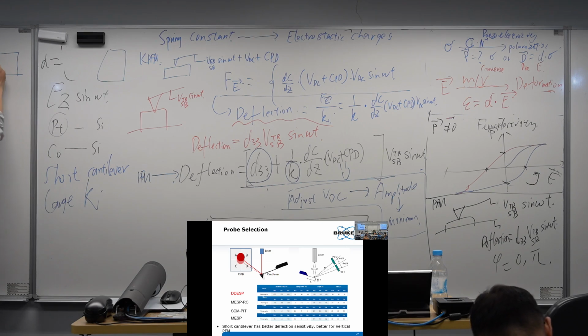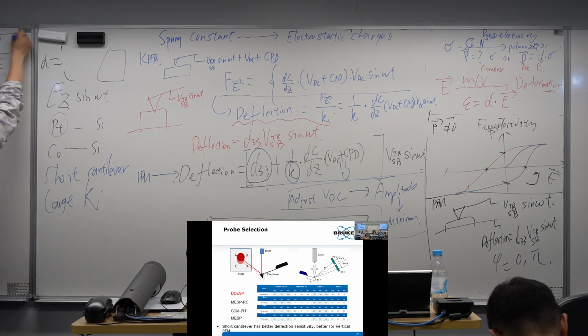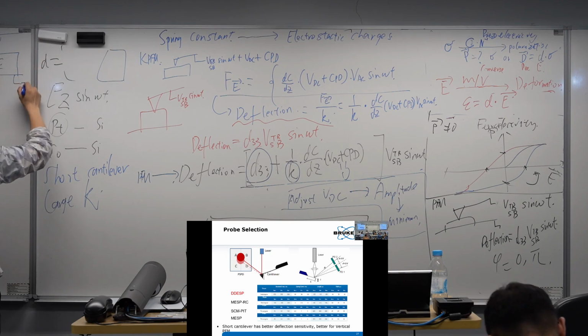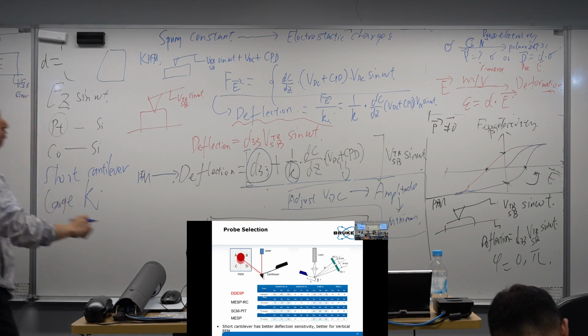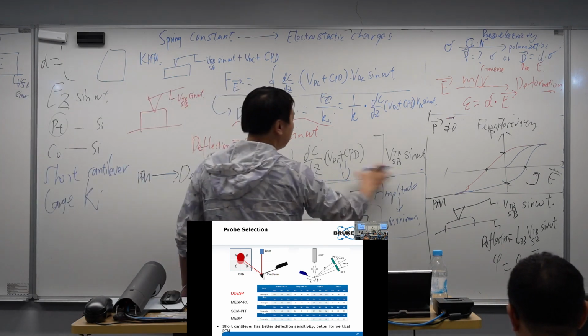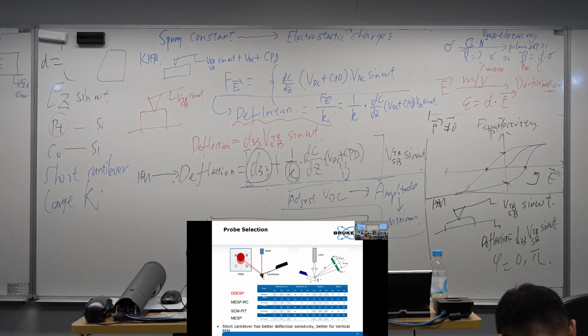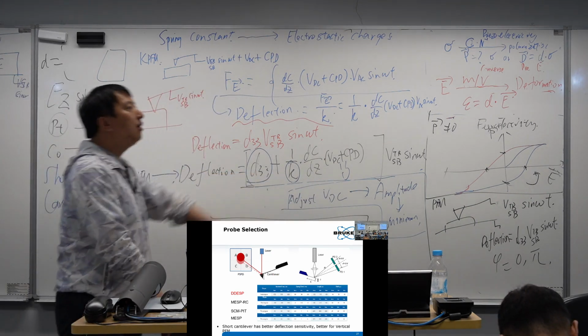If this is my ferroelectric material, and here is my AFM probe, once I apply V_sb sine omega t, there will be this term. If I can cancel this potential, then it's gone.